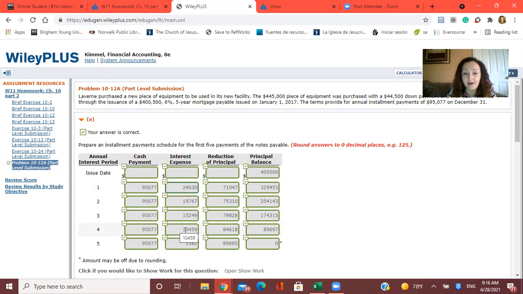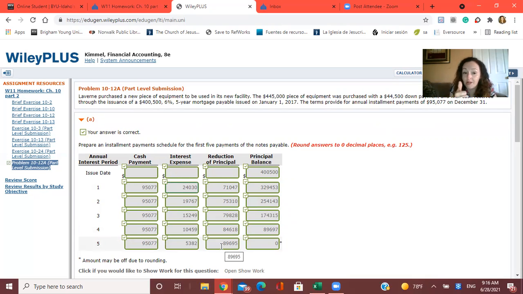In the fourth year we pay just 10,459 interest, and the reduction of principal was 84,618, and the principal balance at the end of year 4 is $89,697. In the last year, the fifth, we pay just $5,382 in interest.